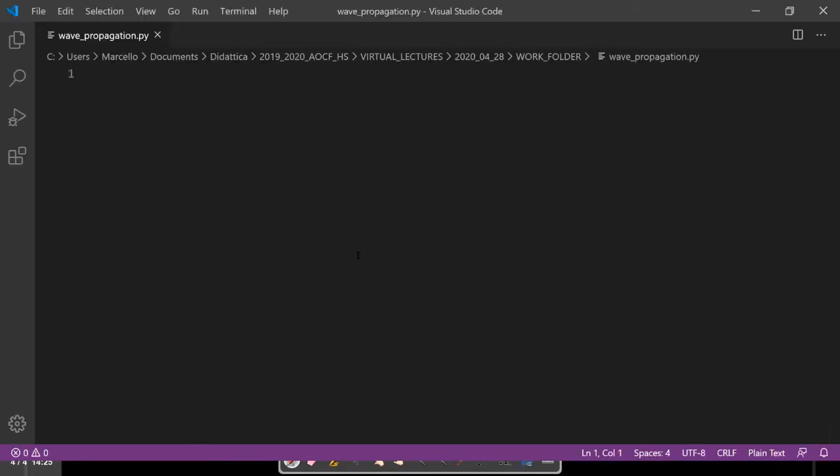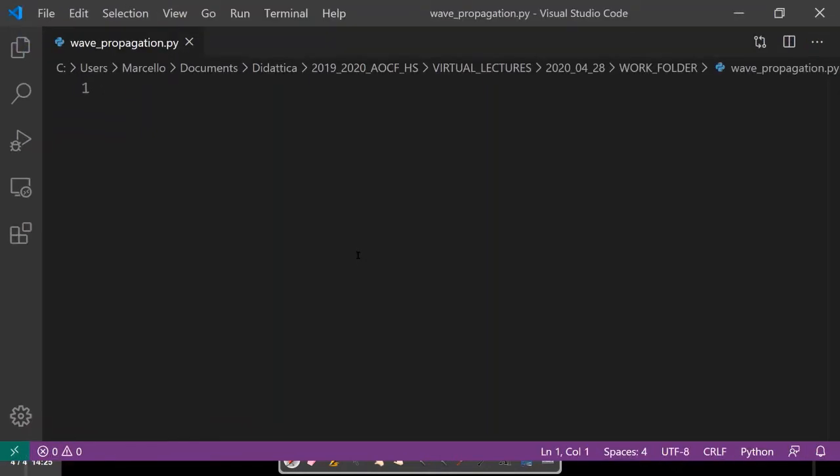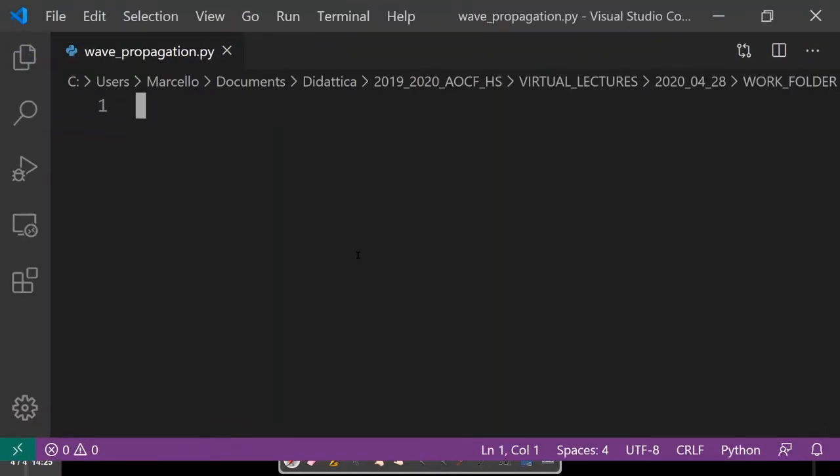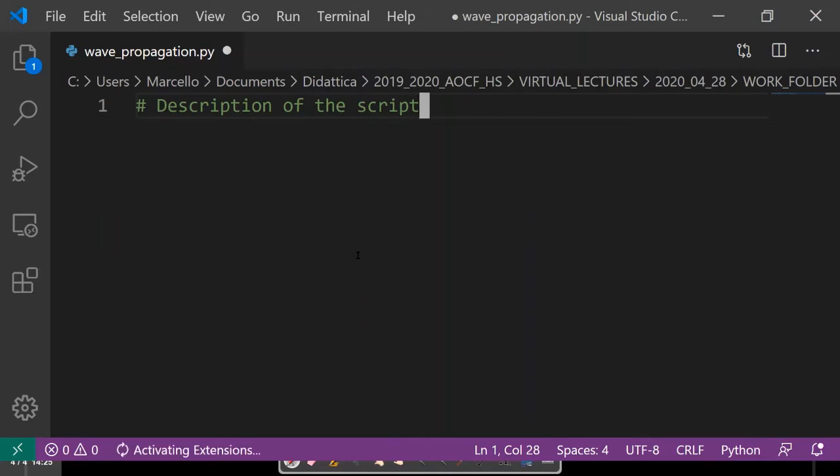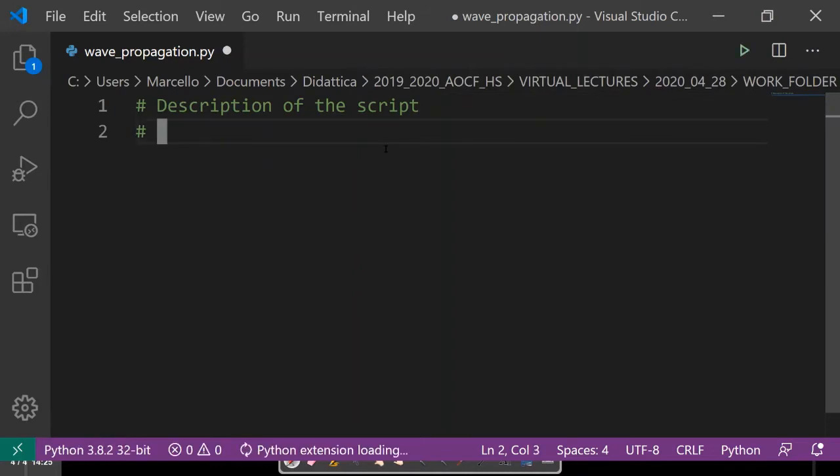So this is the problem. I increase the font size. As usual, a description of the script. So when I use a hashtag, we can put into the script some comments, more or less.